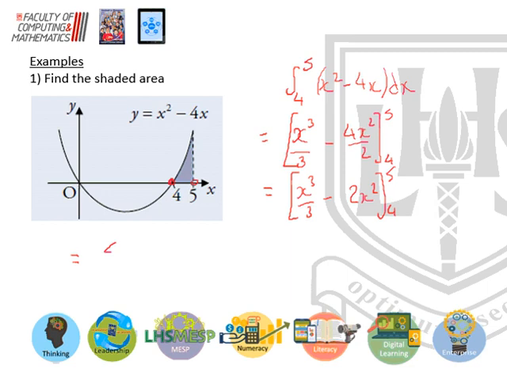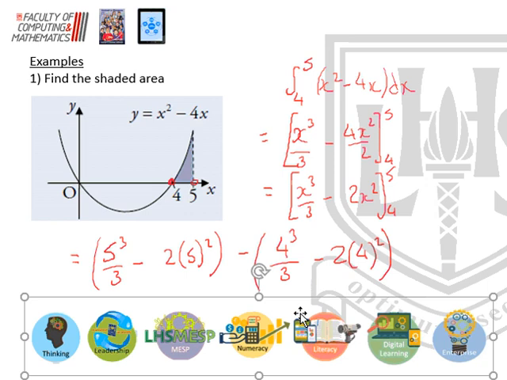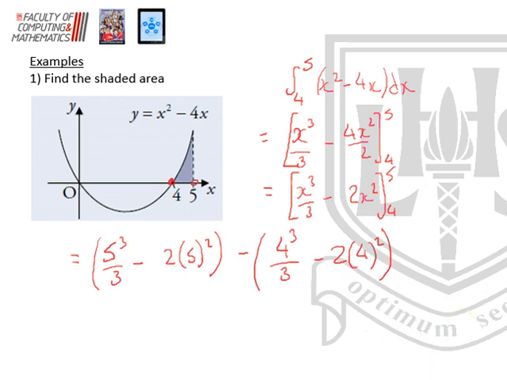So it's going to be 5 cubed over 3, take away 2 times 5 squared, subtract the same thing but with 4 instead of 5. And that will give us our area.